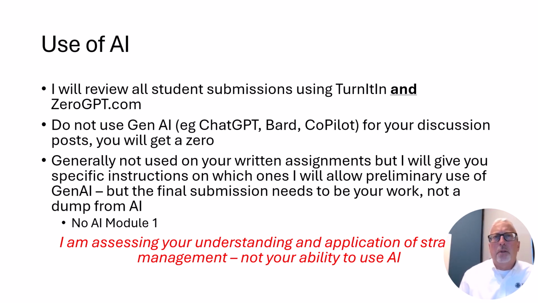I will be looking at each assignment carefully because I think AI can help us with writing and help us with doing some things, but I will let you know specifically when you should be using AI to get a start on an assignment. But even if I allow it for a start of the assignment, my expectation is you go to ChatGPT or whatever AI gen you use, and you ask it a question. So tell me this, this, this, or that.